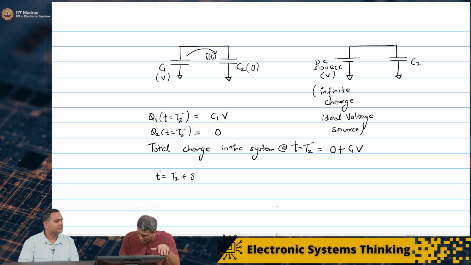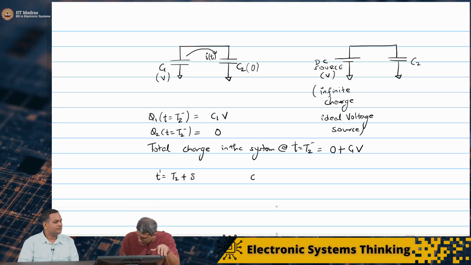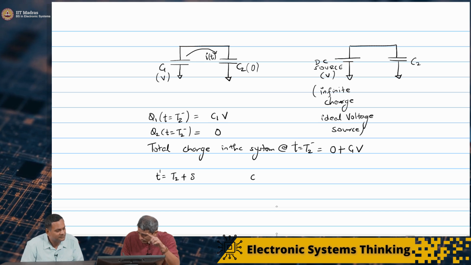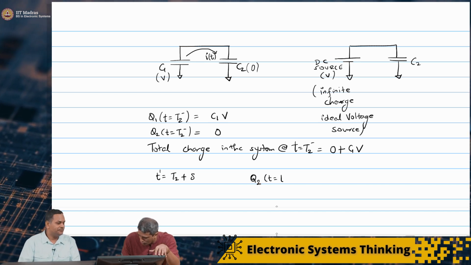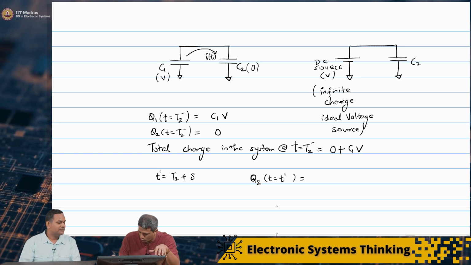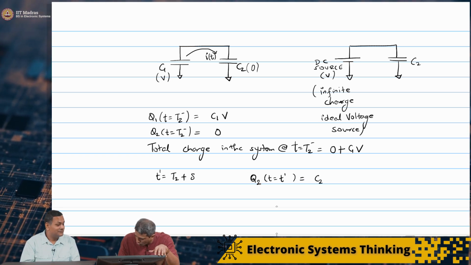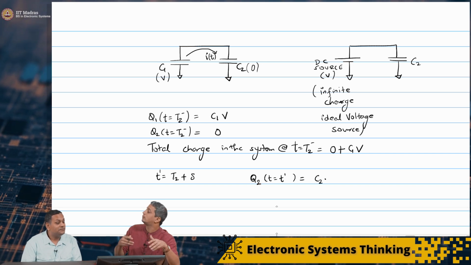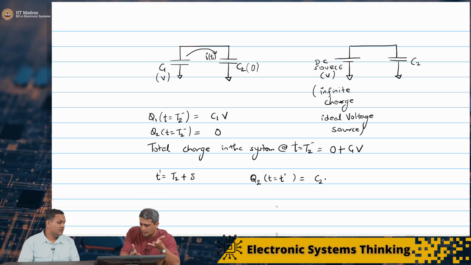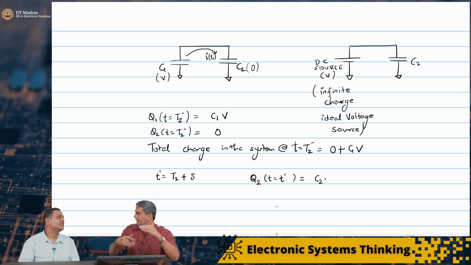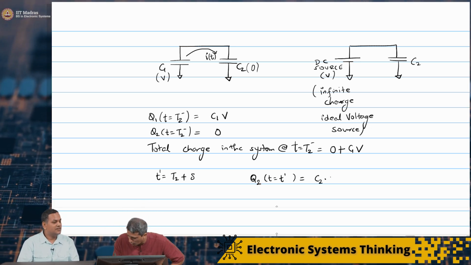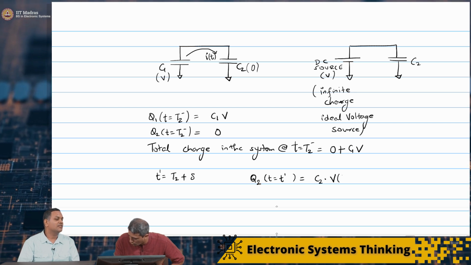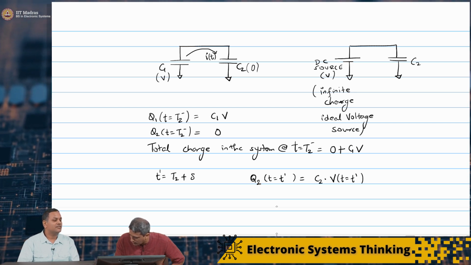Therefore the charge in C2 at t equal to t prime would have become C2 into some new voltage. The system cannot remain at the same voltage because the charge is changing, and therefore it will come to a new voltage at t equal to t prime.